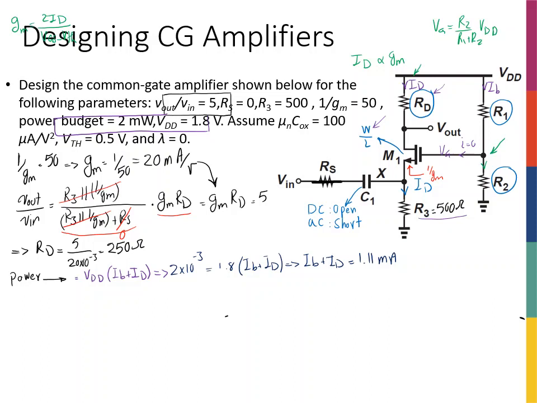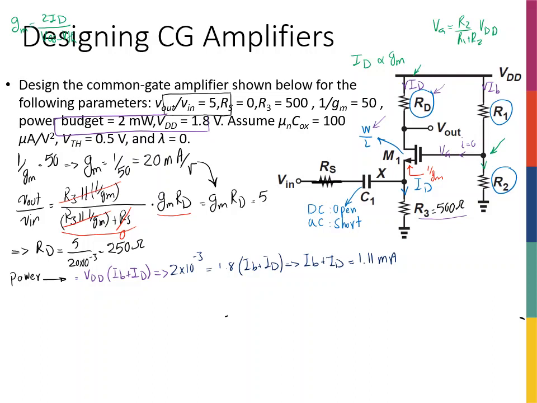But then it's always better to have a higher ID if you want to get a higher GM so that we can get a higher gain. So in this case, I want to put as much as possible of my current to ID rather than IB, right?